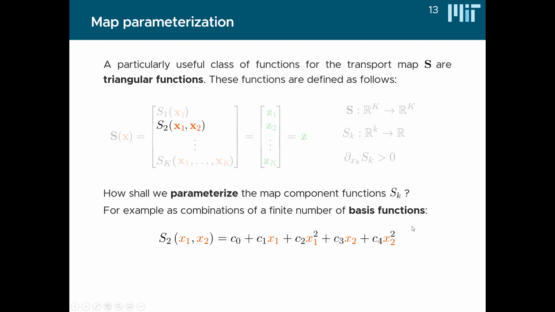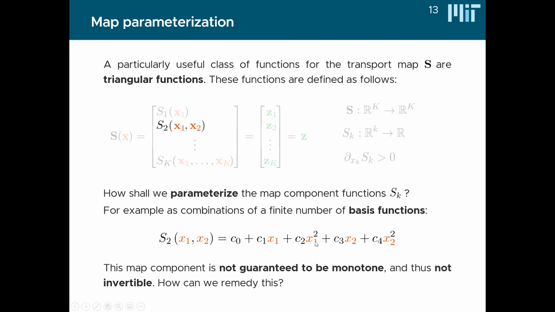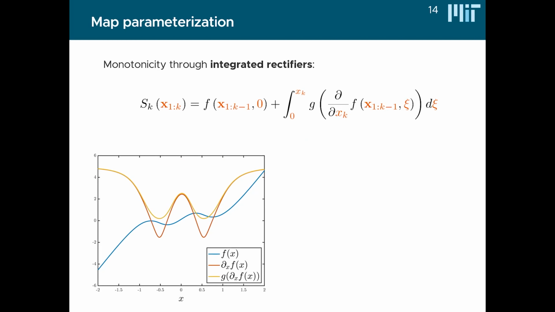And unfortunately, arbitrary combinations of basis functions will not generally be monotone in the last argument. It would be very nice if there were a trick that allows us to convert these combinations of basis functions into something which always fulfills this property. And one very useful trick to do so is to use integrated rectifiers. Don't worry about this equation up here yet. We'll take a look at this figure down here first to explain what's going on.